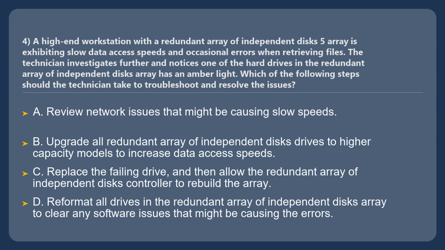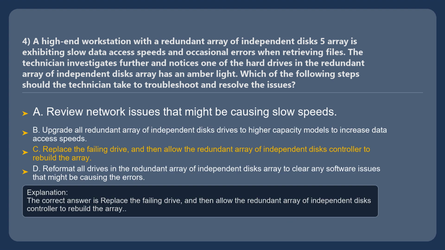Option C. Replace the failing drive, and then allow the redundant array of independent disks controller to rebuild the array. Option D. Reformat all drives in the array to clear any software issues that might be causing the errors. The correct answer is option C. Replace the failing drive, and then allow the controller to rebuild the array.